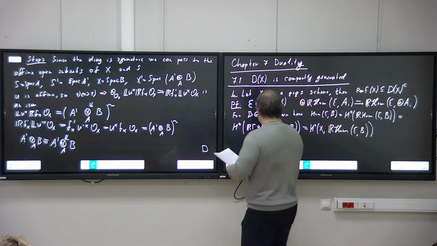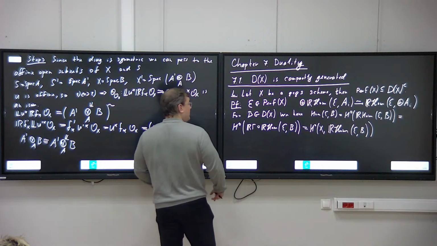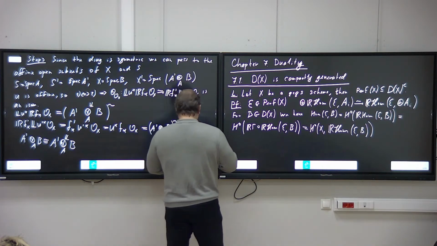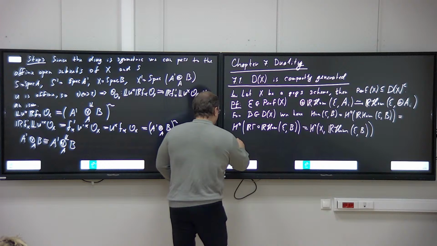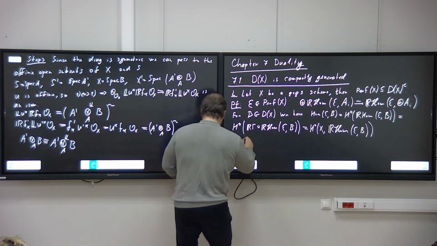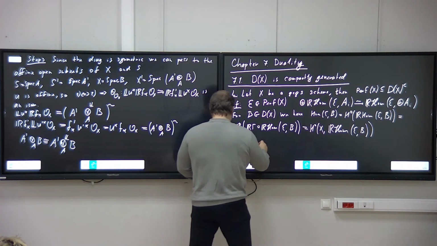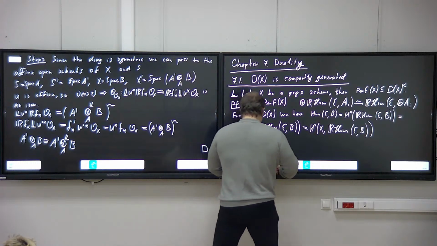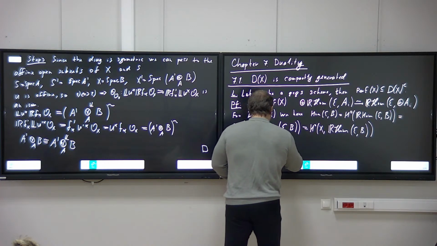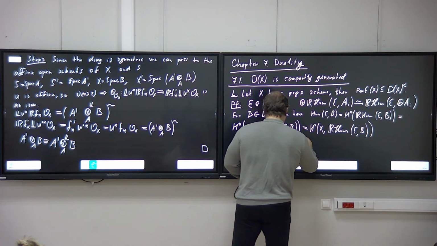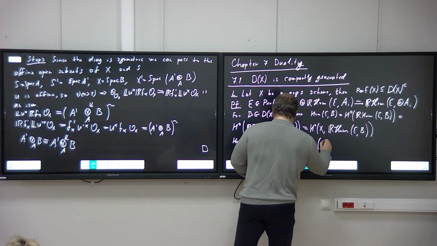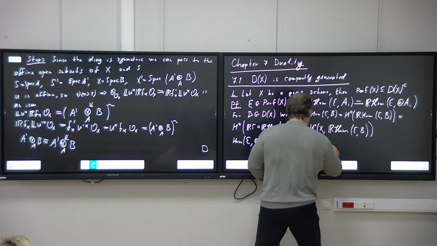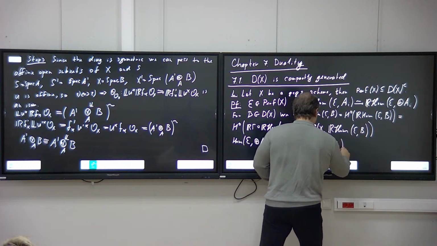Okay, so that's kind of a reminder and the identity that I'm going to use in the proof. So then if I compute now the global Hom from the perfect object E to some direct sum of the A_i, well, I can write this as the H0 of RHom local from E to the direct sum of the A_i.